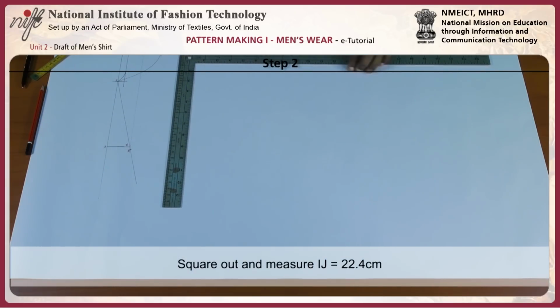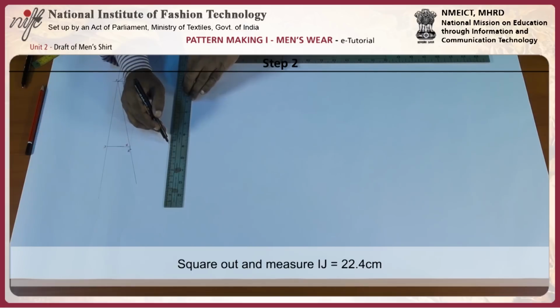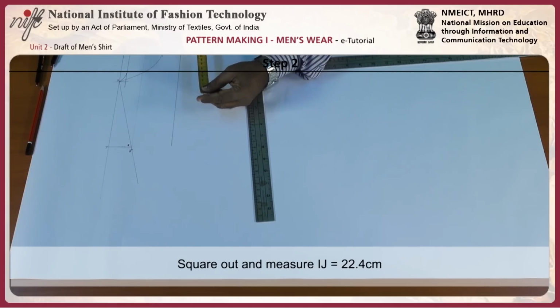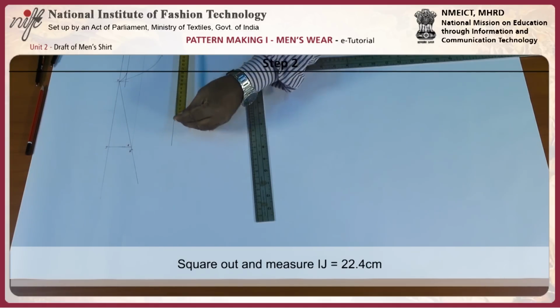Then square out. This will be I. I to J is 22.4.